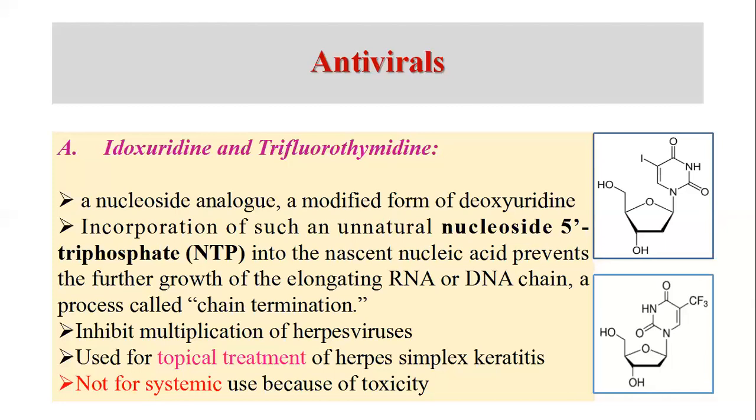So these drugs inhibit multiplication of herpes viruses mostly. They are used for topical treatment of herpes simplex keratitis, but due to toxicity, they are not recommended for systemic use. Only topical use is permissible.